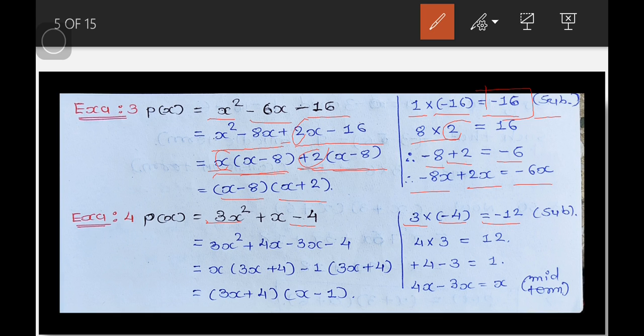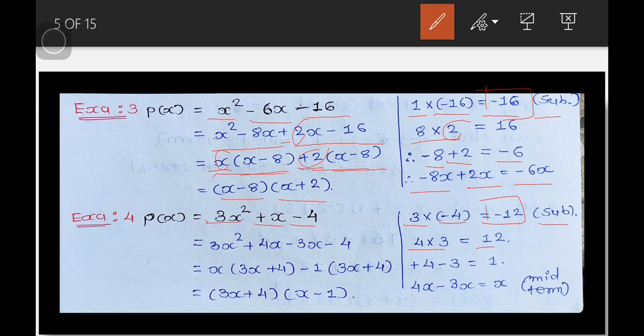So the sign of 12 is minus, so we do subtraction of the factors of 12. Now we factor 12 in such a way that we do subtraction and we get 1 as the coefficient of the middle term. So 4 threes are 12. So we do subtraction of 4 and 3, then we get the middle term as 1.